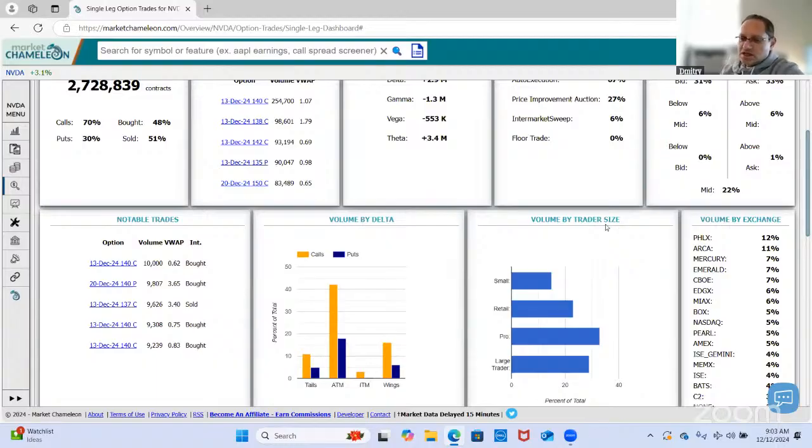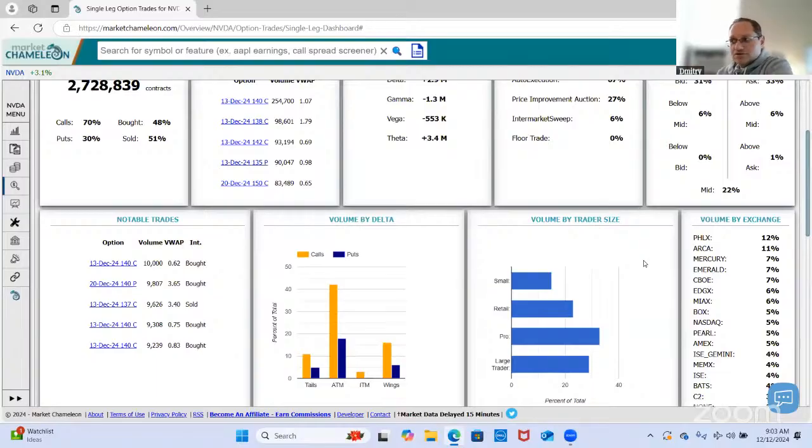So we stopped yesterday looking at volume by trader size. And what this does over here is create a distribution of the volume based on the inferred type of trader entering these orders and trading in Nvidia.